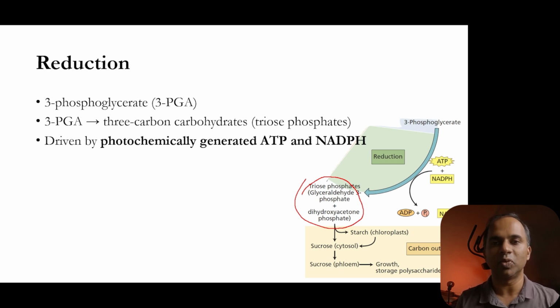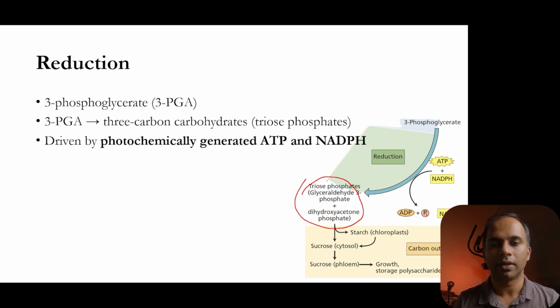So the input from our light reaction is going to provide the driving force for this reduction process. And then a set of the output is going to go for the production of starch and sucrose, and that provides the carbon input for all living organisms.